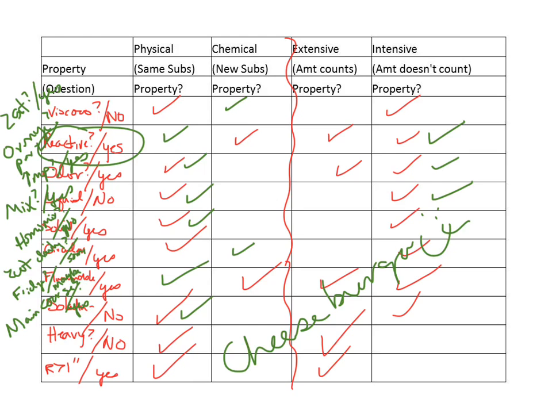Kind of that first column, I was thinking of a cheeseburger, and I went around the room and they had to ask me questions about it to try to narrow it down to a cheeseburger. And then, was it viscous? I said no. And then they had to say what kind of property that was. I guess it would be kind of viscous, but it's not a liquid. Anyway, that's fun. So let's go on to what you guys need to see.